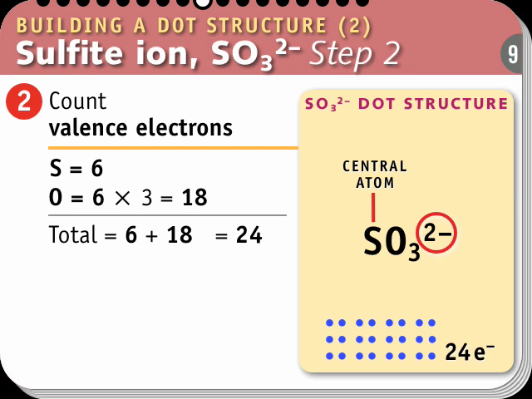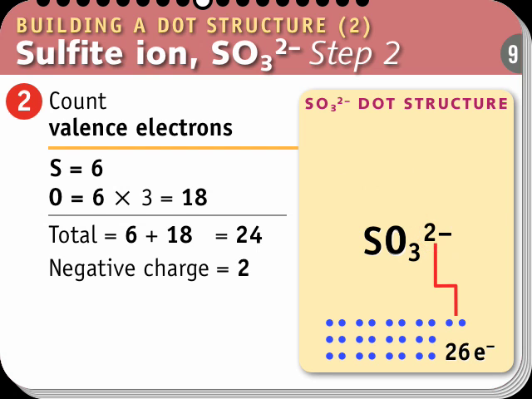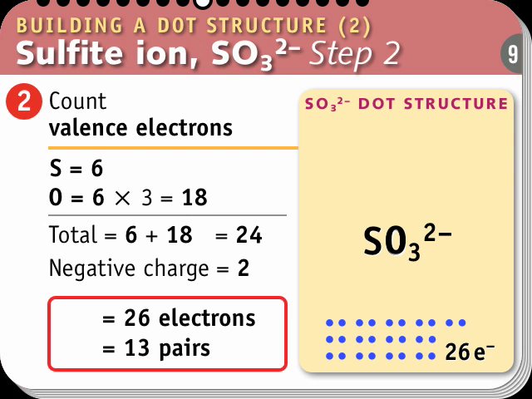The fact that this is a negative ion means that there are more electrons available than there are protons in the nuclei of the constituent atoms. Here the charge is 2-, so we add 2 valence electrons to the molecule. This means there are a total of 26 electrons, or 13 pairs.